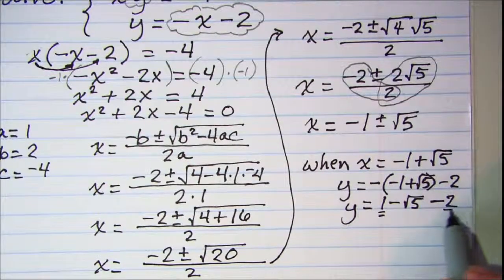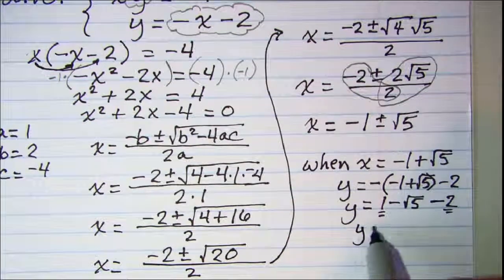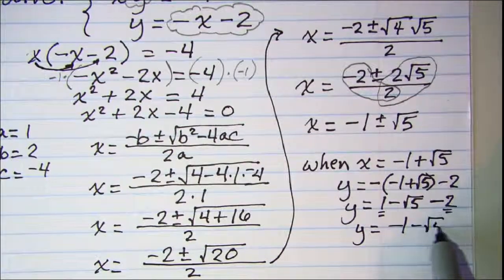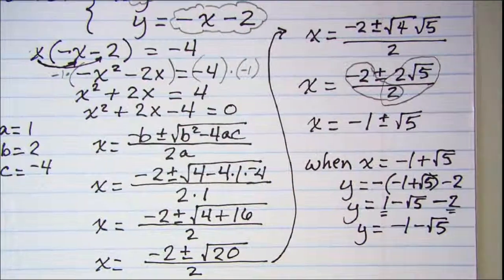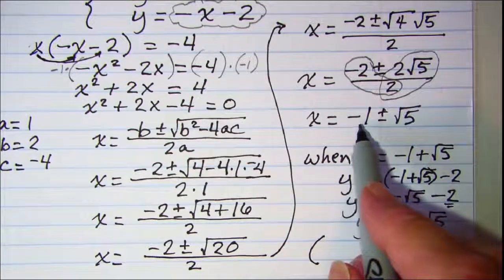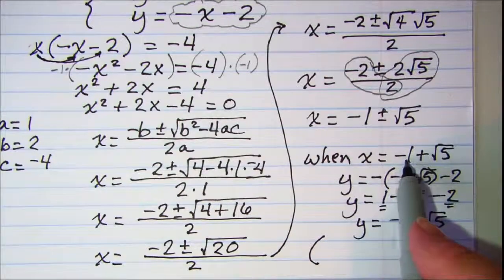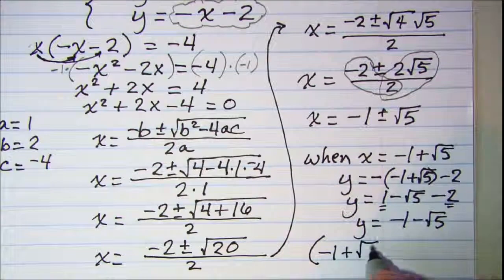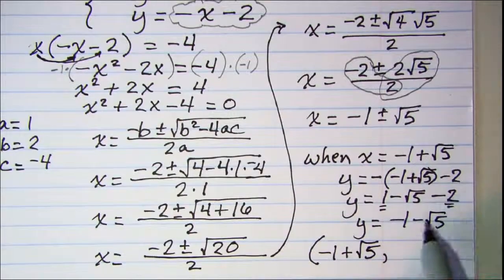Combine like terms, so y is equal to negative 1 minus root 5. So one of our ordered pairs is when x is negative 1 plus root 5, y is negative 1 minus root 5.